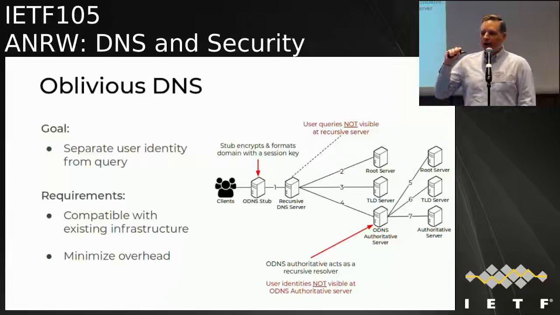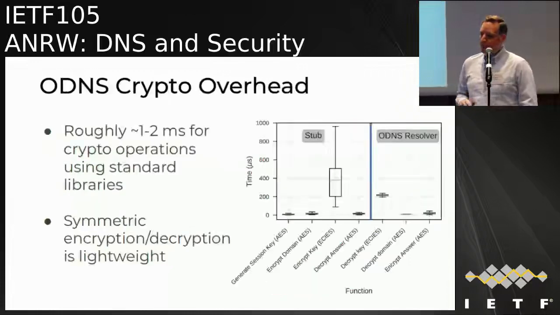So this separates the client identity, because that is held at the ISP recursive server, and the ODNS authoritative gets to see the actual query, but it doesn't get to see the user, because we're essentially tunneling DNS over DNS, and we're abusing the existing recursive resolvers out there.